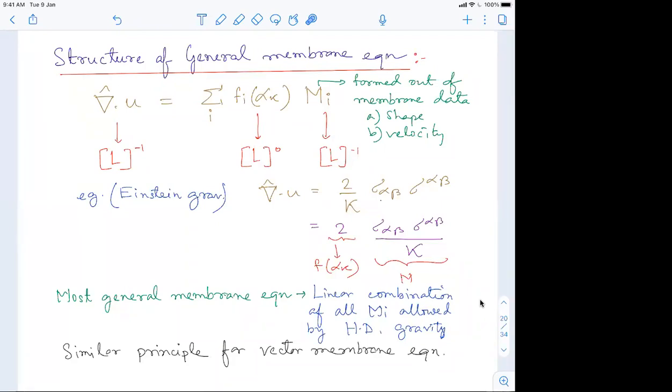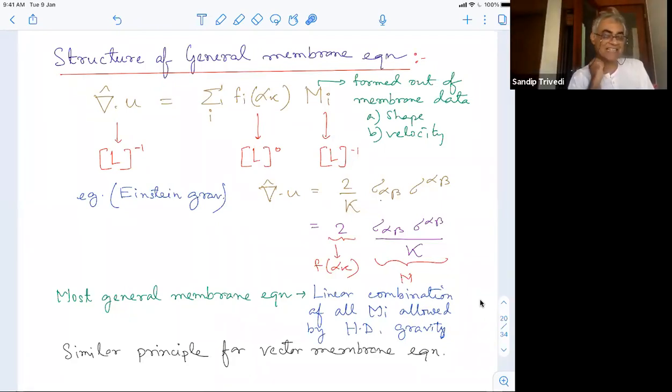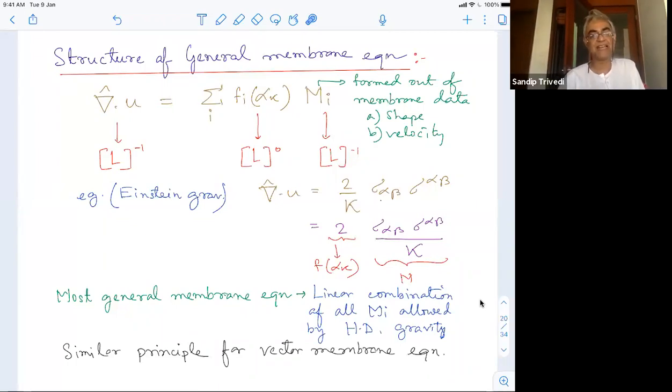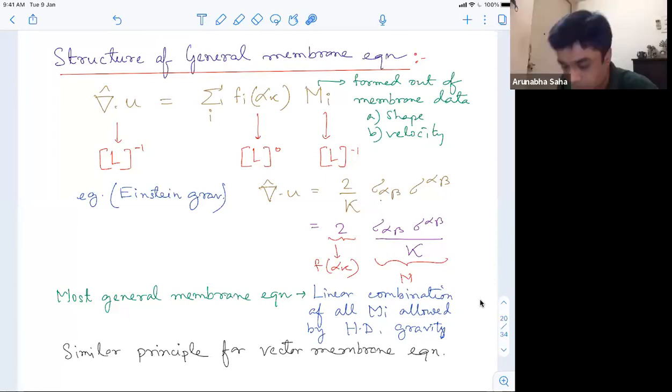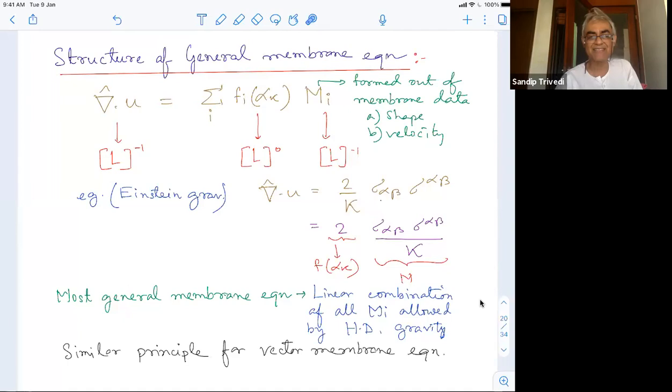Arunabha, I don't understand as well as I should have at this point. What all goes into MI? Presumably u and its variation in the transverse directions. Yes. And what else? Psi and its variation in the transverse direction. What was psi again? Psi was a shape function.